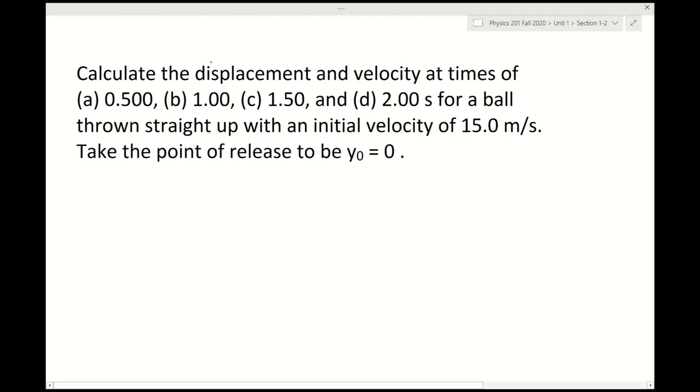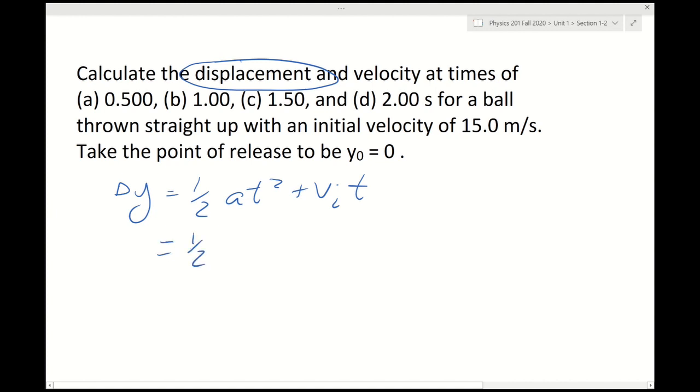In order to find the displacement under accelerated motion, I'm going to write it in terms of y, which is 1/2 at squared plus vi t. Since we're taking our initial y position to be 0, we won't have to worry about actually subtracting to find out where it will be.